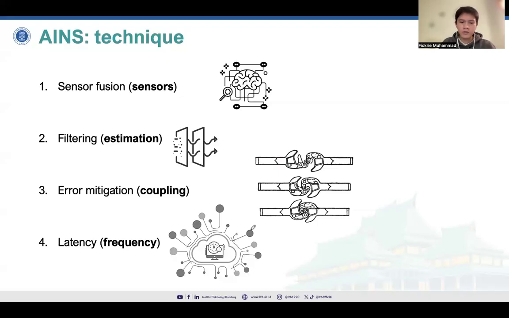For example, the INS has 200 hertz, which means it records 200 data points every second, and the acoustic positioning system, for example, has 400 hertz, so it has more data in 1 second. This huge amount of data has to be somehow merged together, and we have to deal with the latency.